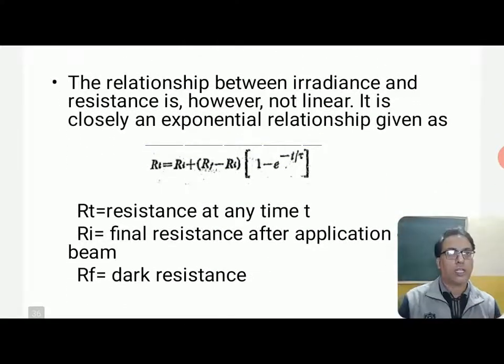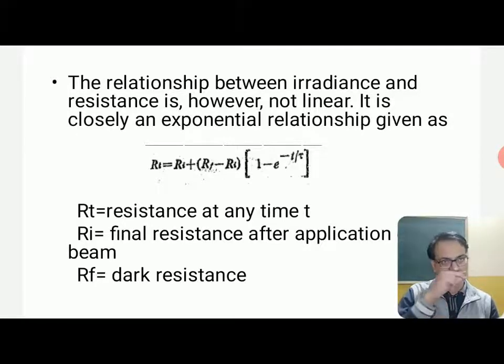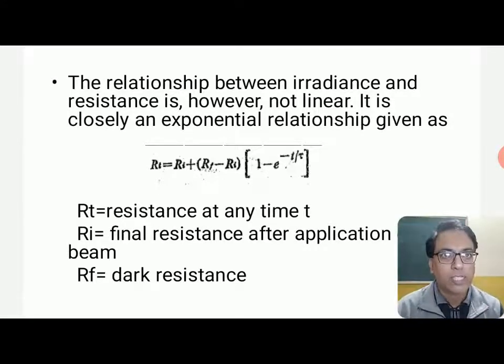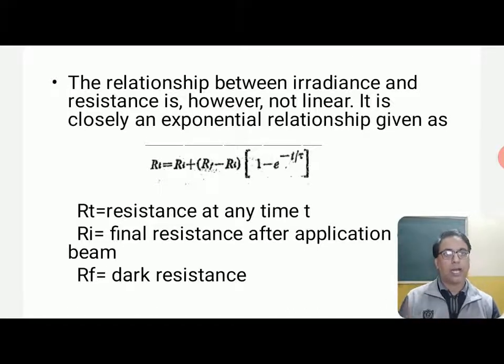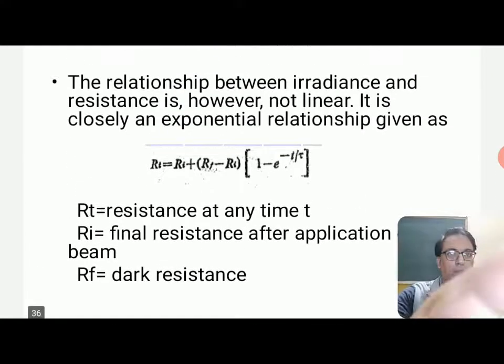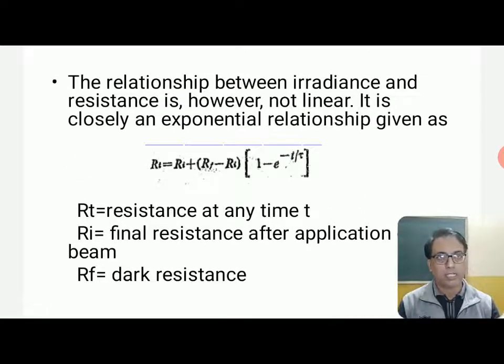Now, the relationship between the irradiance and the resistance is non-linear, and normally given by this relation over here, which says that R_t is equal to R_i plus (R_f minus R_i) multiplied by (1 minus e to the power minus t by tau), where R_t is the resistance at a particular time, R_i is the final resistance after application of the beam, and R_f is the dark resistance.